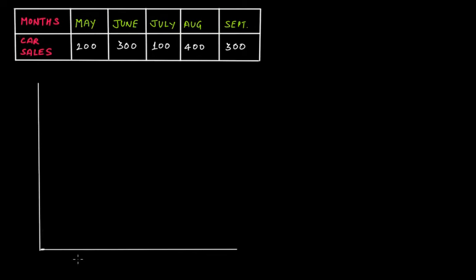So I write May here, then June, then July, then August, and then September. Okay, so May, June, July, August and September. Now this means months.